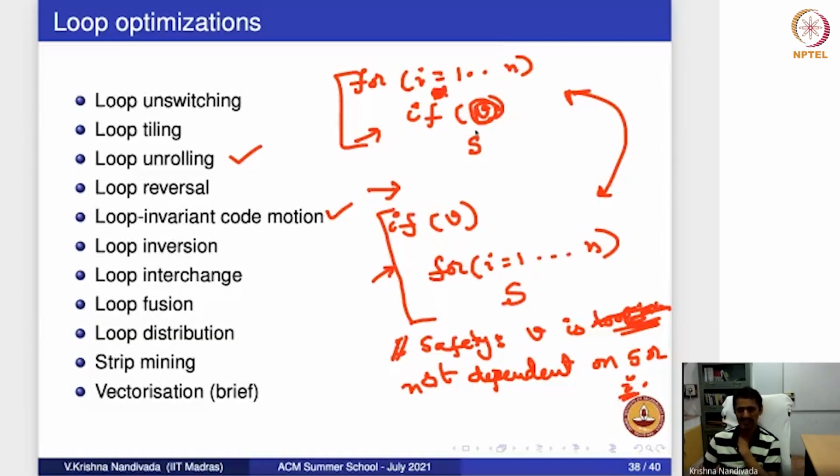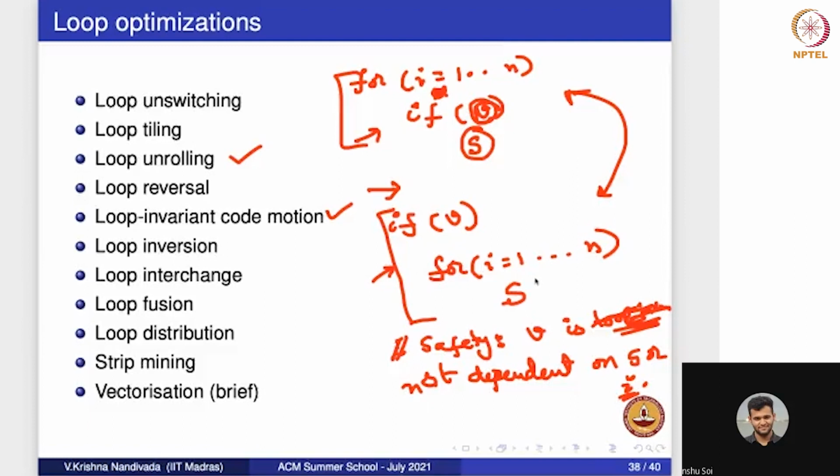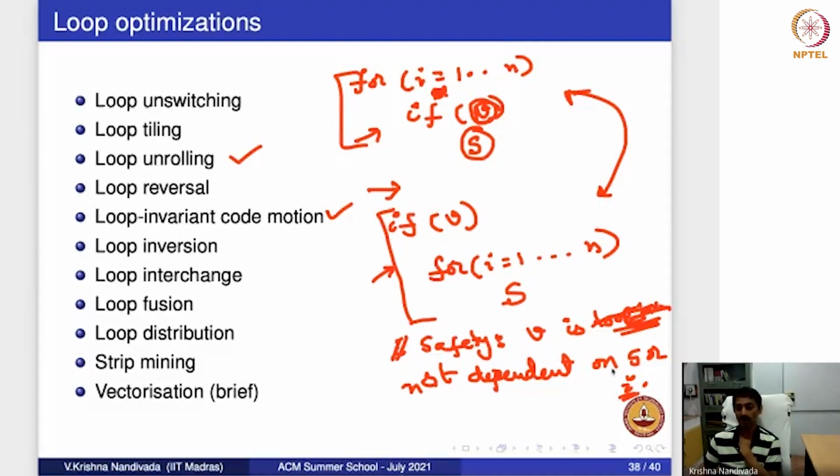So if inside S there is an exception, fine. The exception is thrown. Even it will be thrown here, it will also be thrown here. No difference. But V might throw an exception evaluating. No, V is okay.